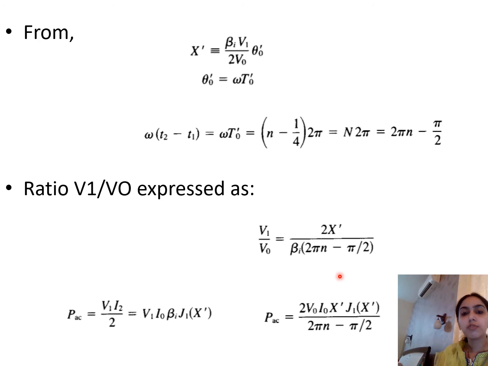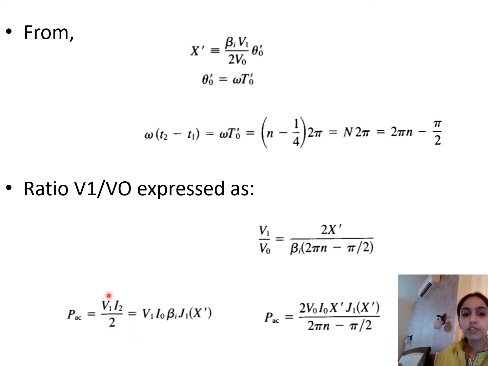Now, since we have to find the efficiency, we write again the expression for power AC, which is equal to V1 into I2 divided by 2. We know that power could be expressed in terms of Vrms and Irms, but since we have written it here in terms of maximum voltage and current, we get V1 into I2 divided by 2.